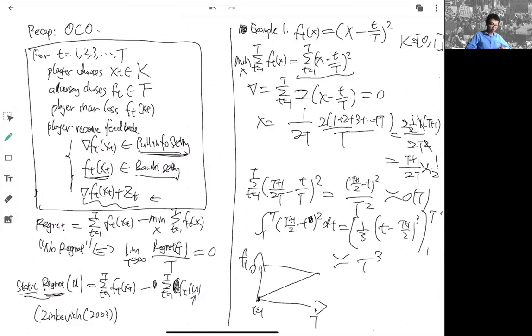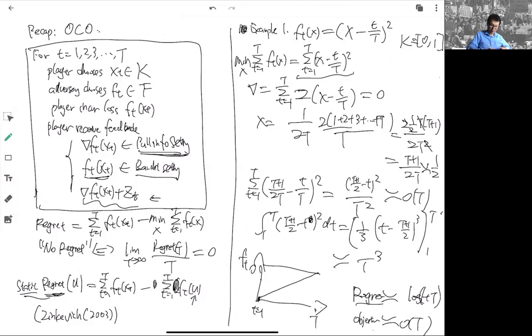So even though the regret is good, since this is a strongly convex case, the regret is proportional to log 1 plus t. But the actual objective function that you're trying to minimize is proportional to order t.